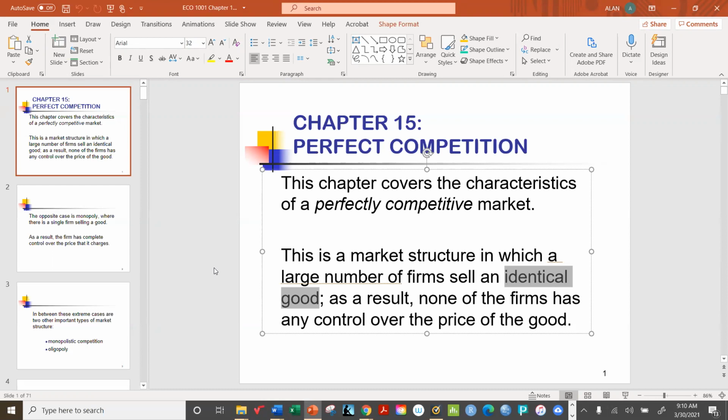And the situation here is that you can't tell them apart from each other. You can't tell one company's cola from another because they're the same thing. So that means that the only way we can compete with each other is on price. There's nothing else. There's no advertising. There's no quantity discounts. It's just price. That's all that consumers are focused on, is what price are you charging.